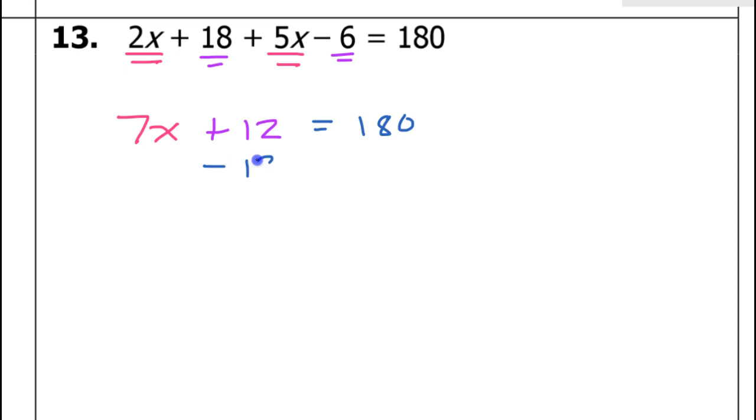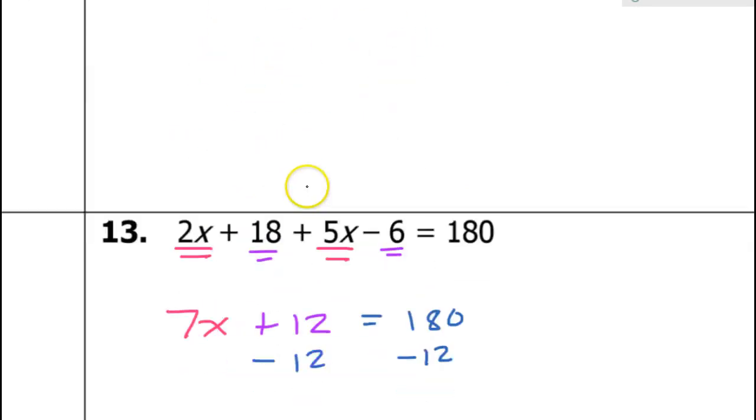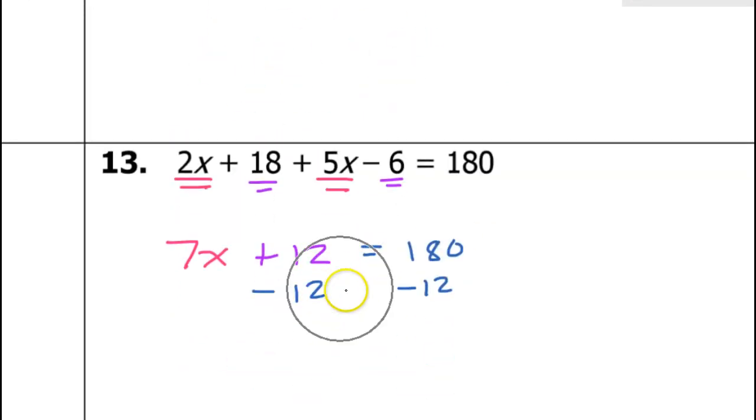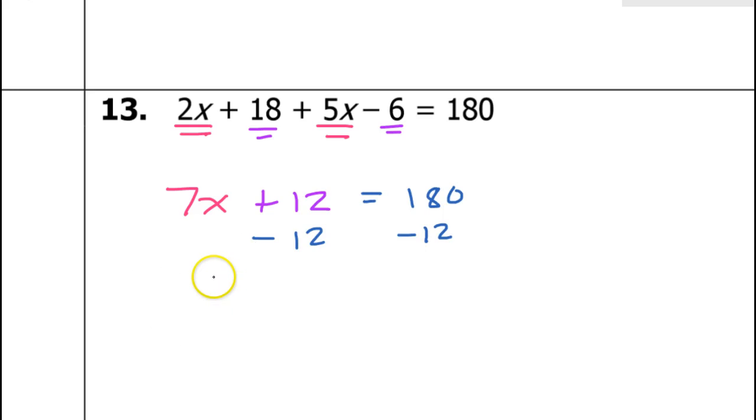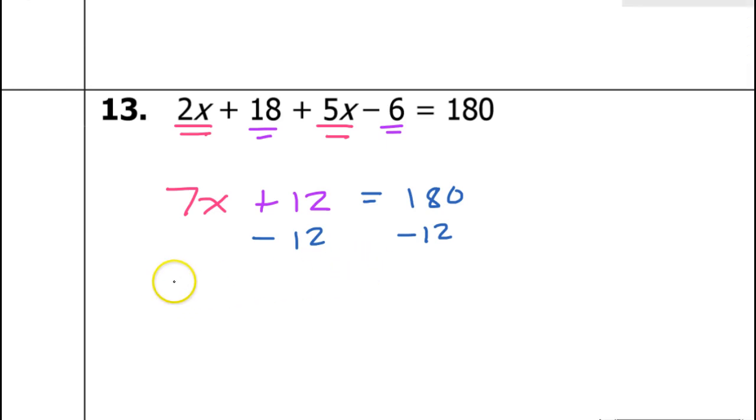So now we're back to subtract 12 from both sides. I feel, is this the same problem that we just did? Oh, it's 180 this time, not 90. Okay, so that's going to give us 168. So now we have 7x is equal to 168.